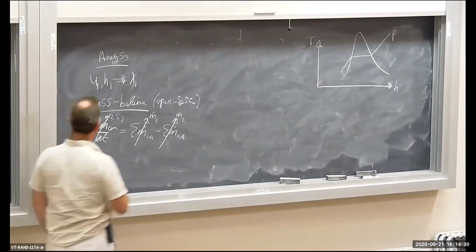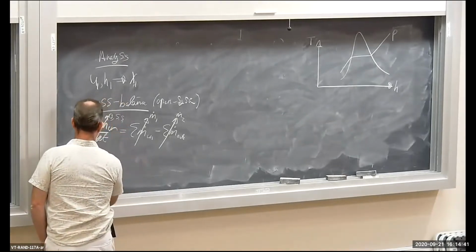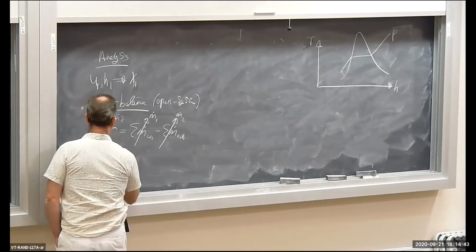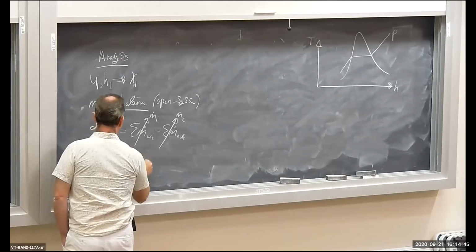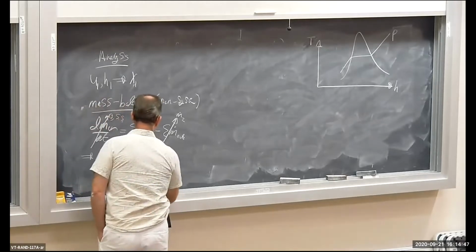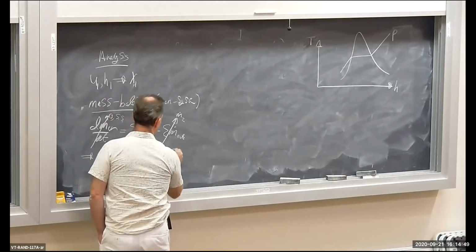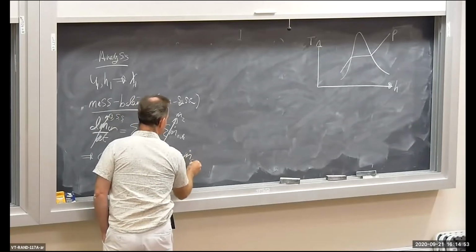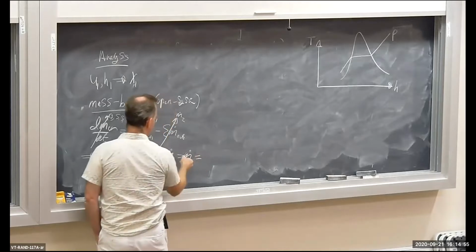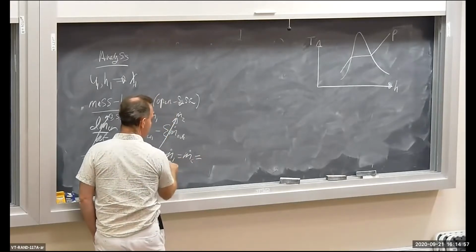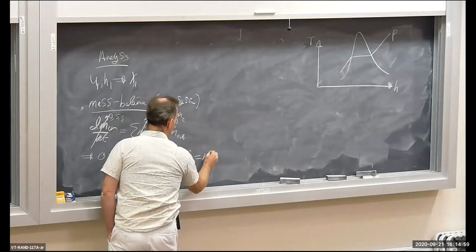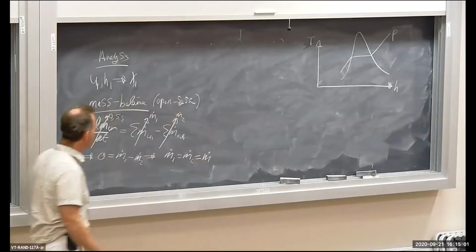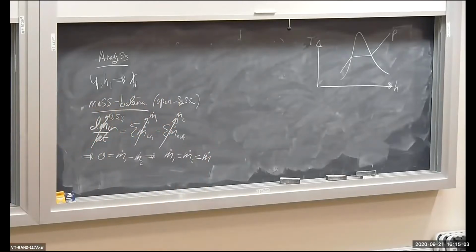So this says 0 is equal to m dot 1 minus m dot 2, or m dot 1, the inlet flow, equals m dot 2, the outlet flow, and since they're both the same, I'm just going to call the mass flow rates at the inlet and the outlet m dot.